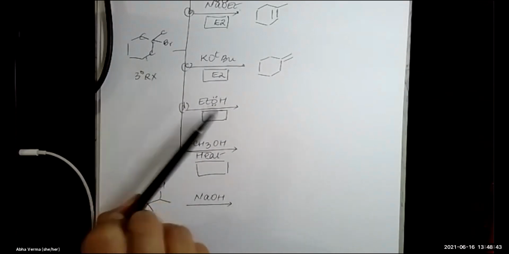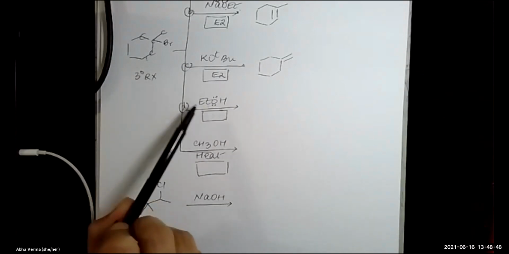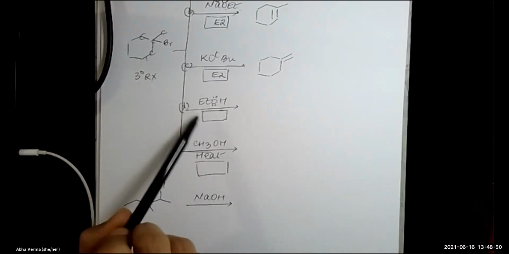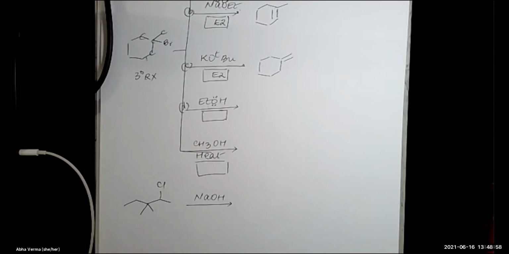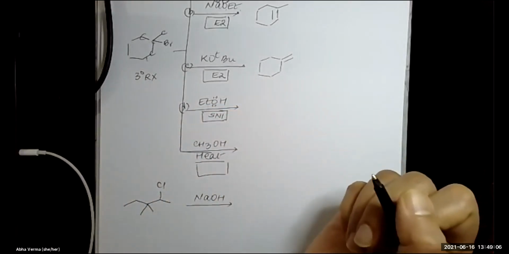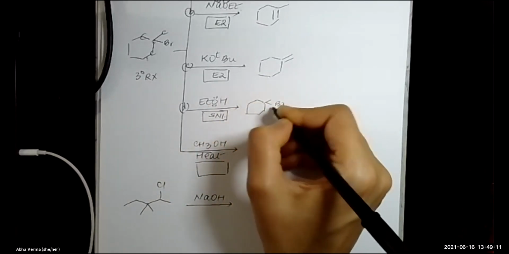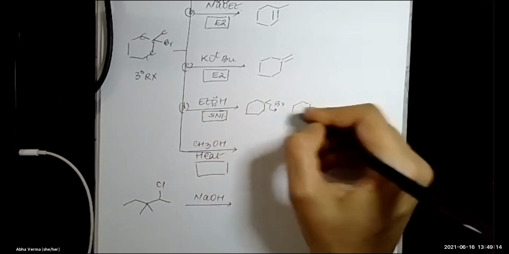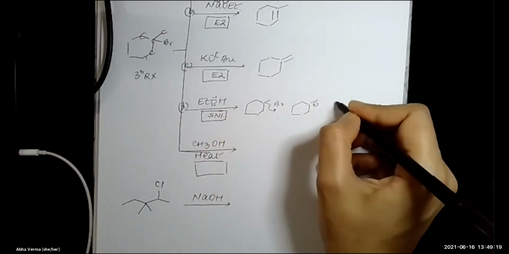Because this reaction cannot fulfill all the conditions that SN2 needs, what reaction will I see here? What mechanism will I see here? Okay, so we are going to see SN1. When I see SN1, the bromine will leave first, a carbocation will form, and then my ethanol is going to attack here.